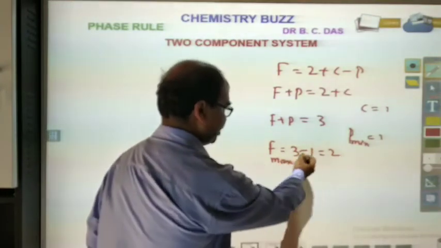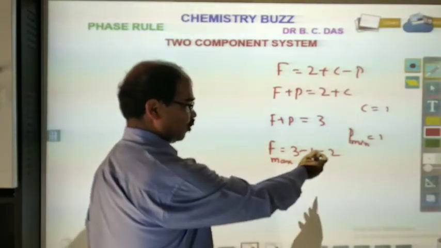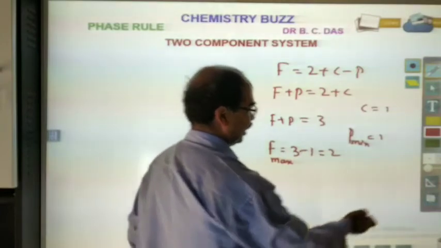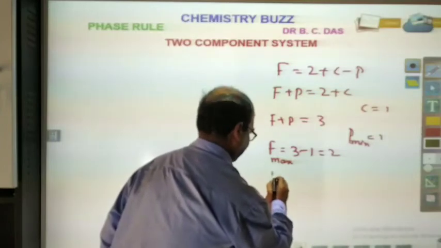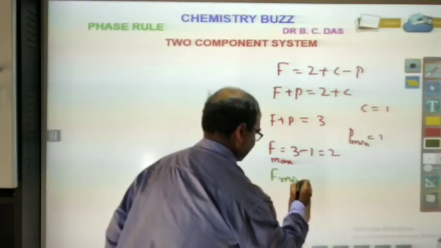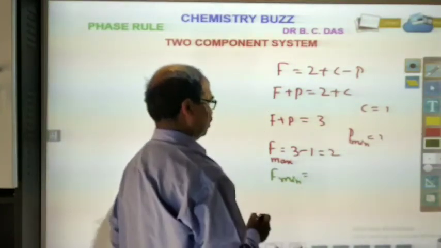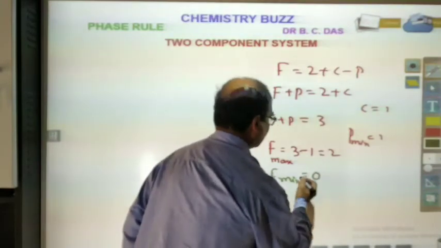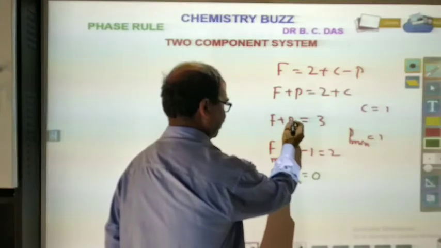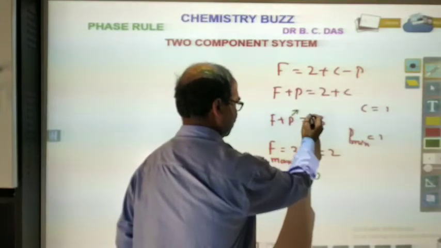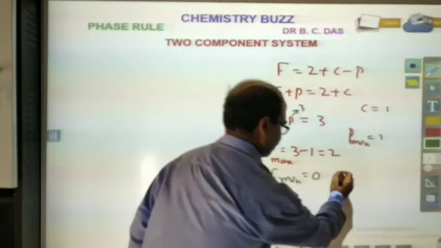So if F maximum is equal to 2 for one component system, the minimum will be equal to 0. When F is equal to 0, the phase is equal to 3.